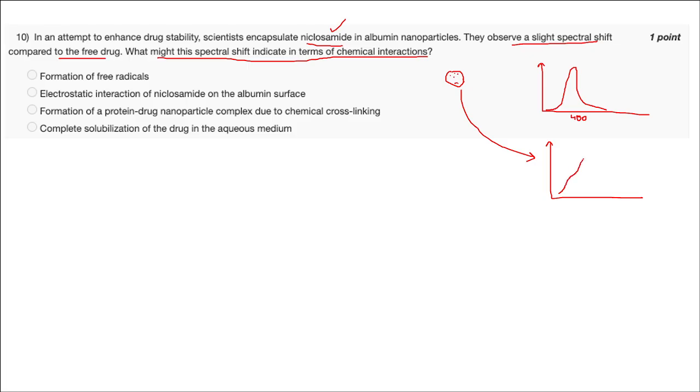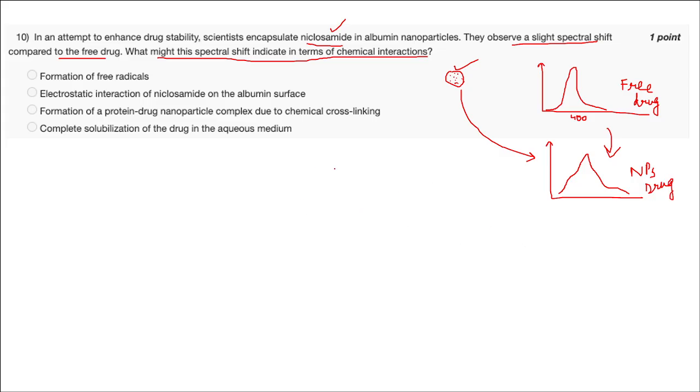There could be a spectral shift, and this spectral change is a preliminary means of checking that the nanoparticles are formed, and to differentiate between free drug and nanoparticles with drug.